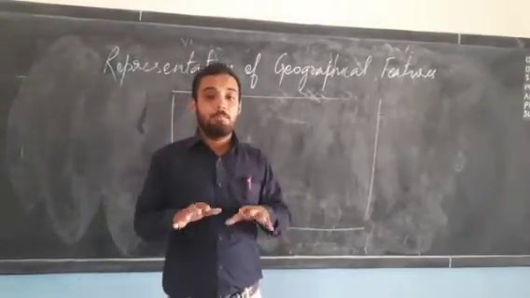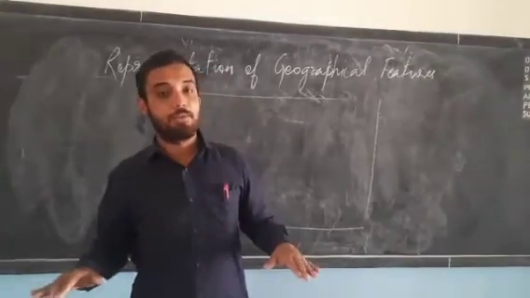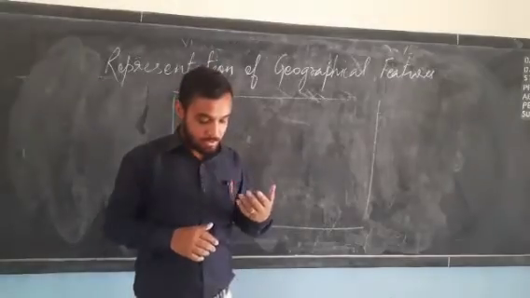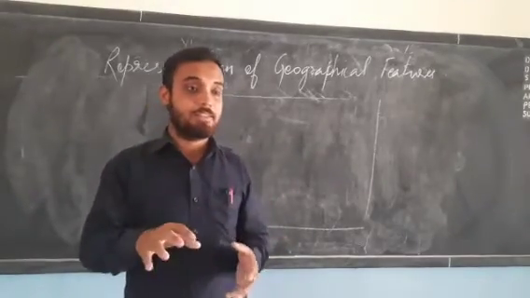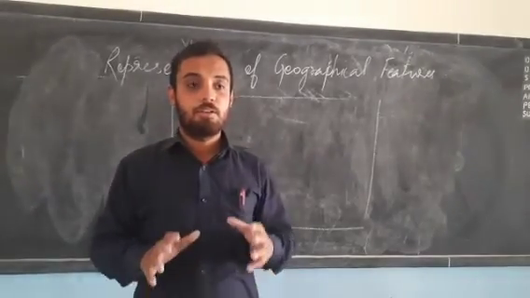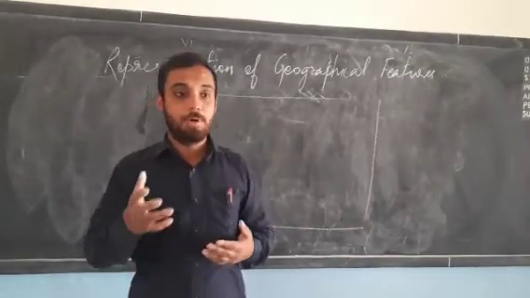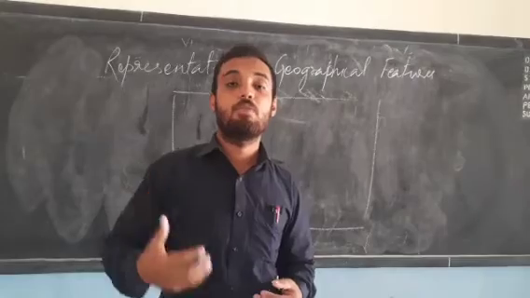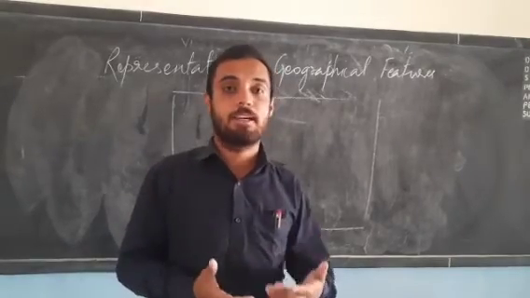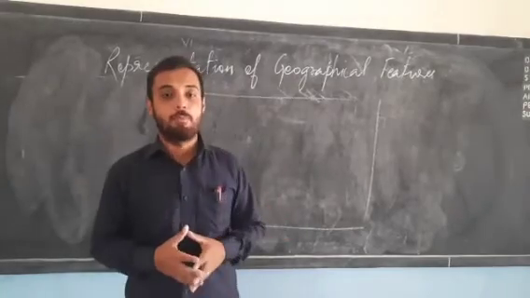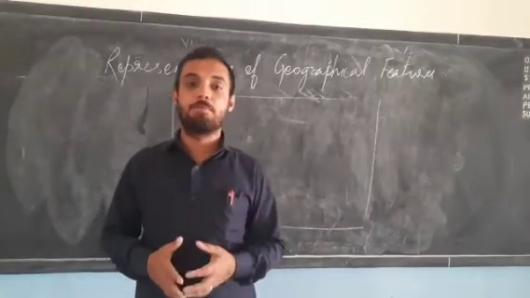Now since a map is drawn on a flat surface, we can't say that this is the exact thing. A globe will show you the exact latitudes and longitudes, but maps will not give you the exact latitudes and longitudes the way a globe does. So that is a demerit.